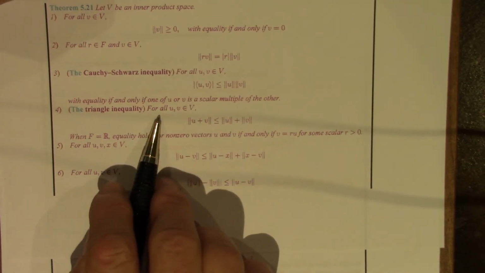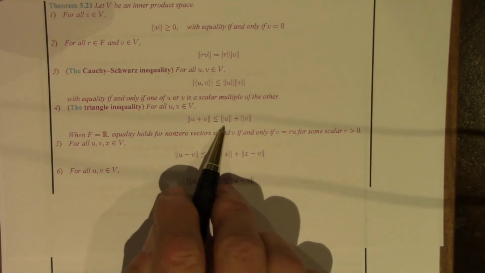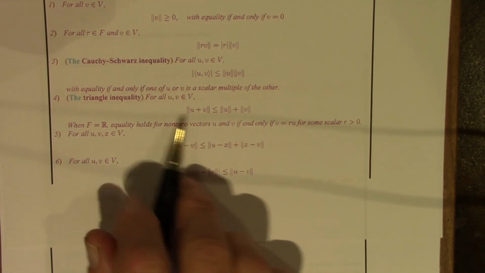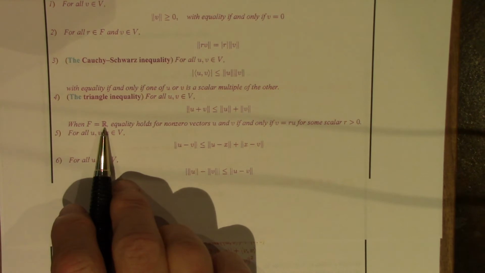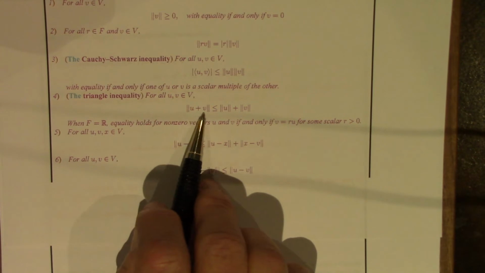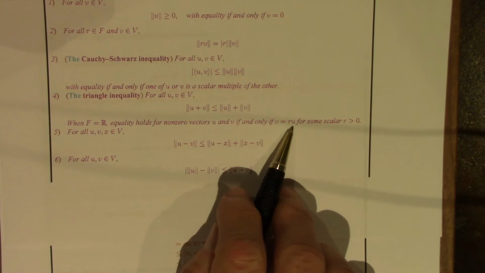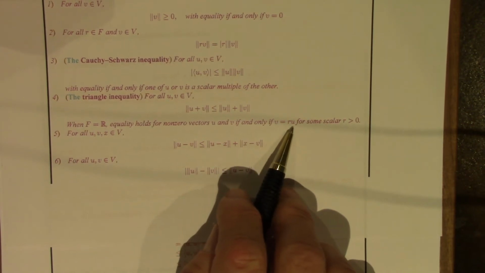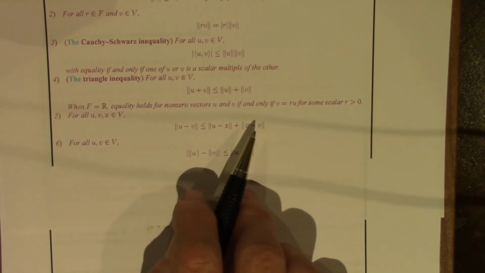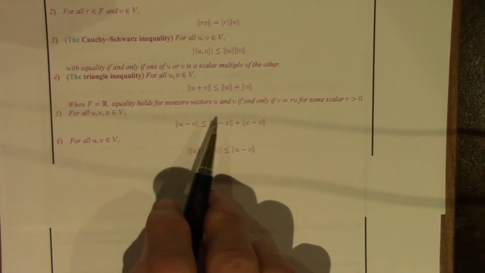We also have the triangle inequality. The norm of U plus V is less than or equal to the norm of U plus the norm of V. And in the real case, equality holds for two non-zero vectors U and V if and only if V is a positive scalar multiple of U. This inequality doesn't have a name as far as I know.